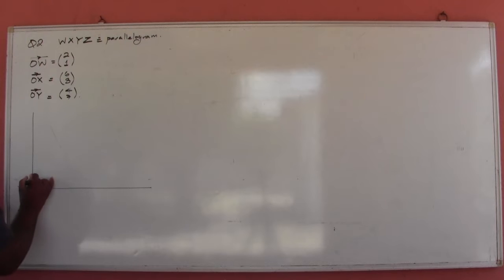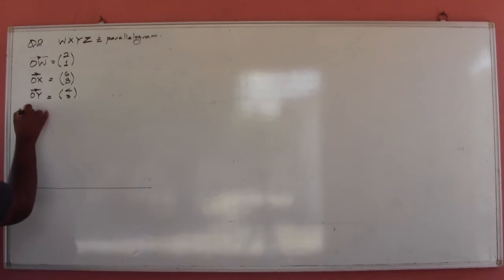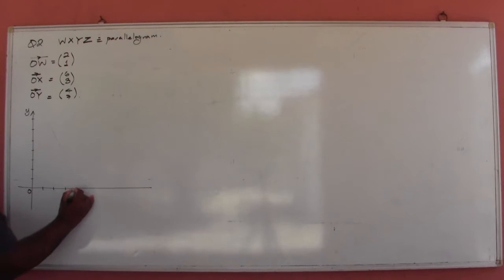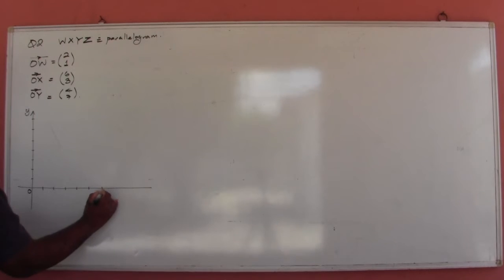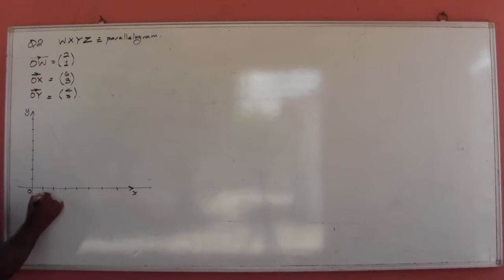So 1, 2, 3, 4, 5, 6, 7. This is the y-axis. 1, 2, 3, 4, 5, 6, 7. This is the x-axis.